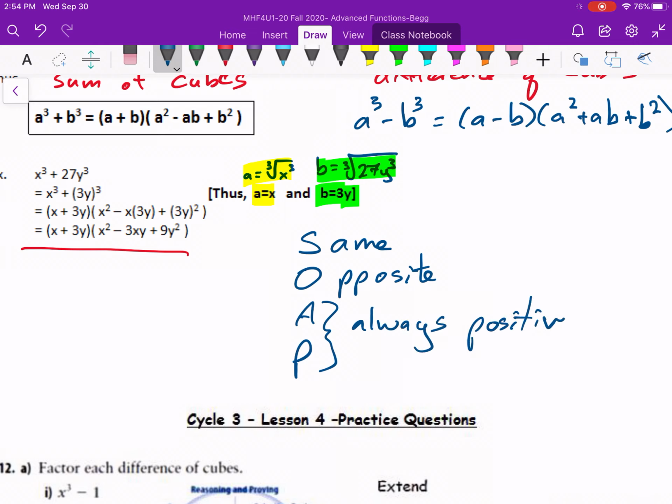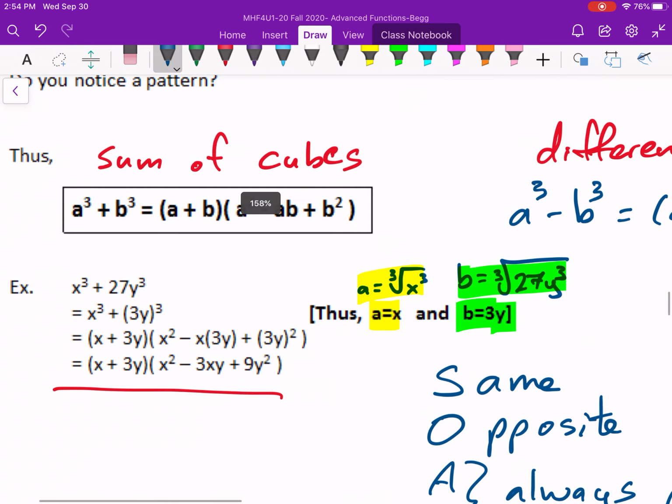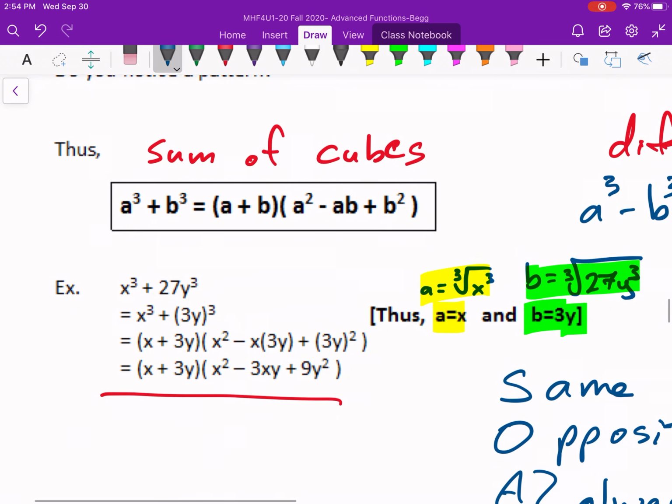What does that mean? That means that if you look at a sum of cubes, sum means we start with a plus. So going through these three signs, there's always going to be three signs. The first sign is same. The second sign is opposite, because opposite of this plus sign here is a minus. And then at the end, it's always positive.